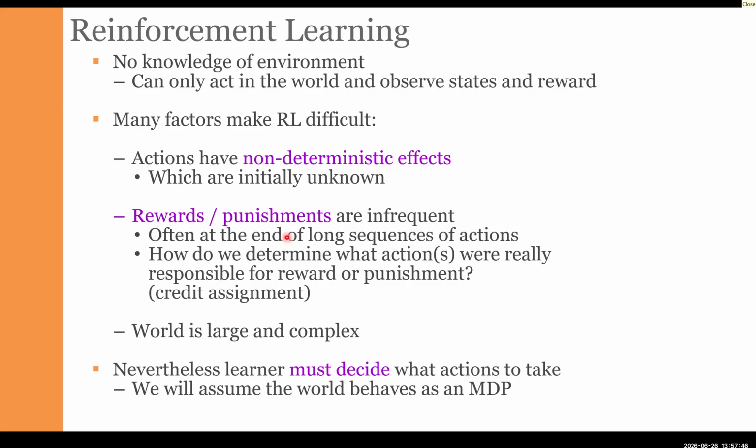So what's the good news, what's the bad news? The good news is that if we have the transition probabilities and rewards known, then the problem is solvable. That's great. The problem is that very often we deal with scenarios where the world is not known.